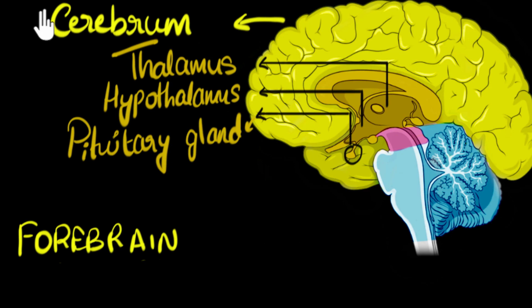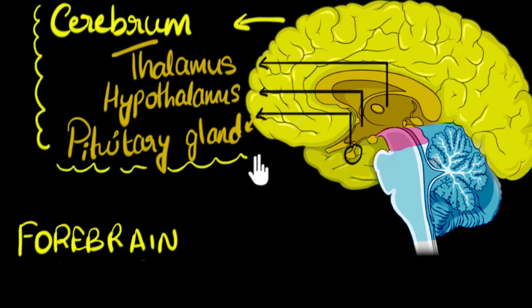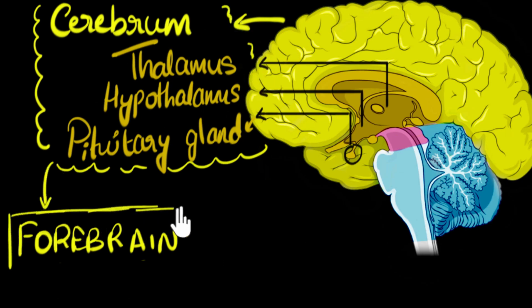So these are the only parts that we'll concentrate on, so let me just put them together. So this is your forebrain parts. All right, so what do they do? What are their functions? We don't have to look at the individual functions, but the forebrain as a whole, what does it do?